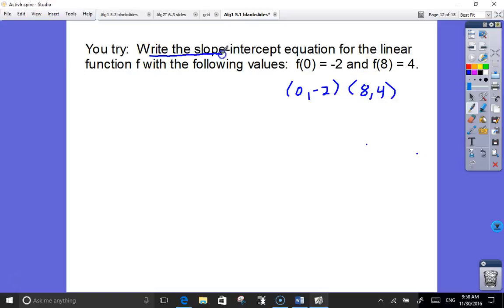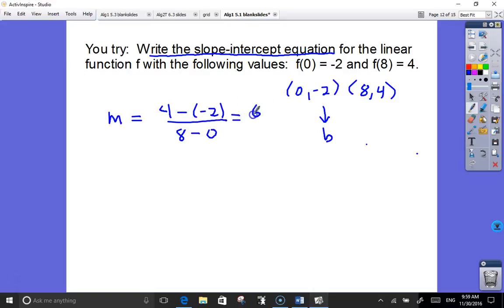We write the equation in slope-intercept form. What two things do we need? You need the slope and you need the y-intercept. Which one of those points is the y-intercept? -2 equals the b. Find the slope using these two points: 4 minus -2 divided by 8 minus 0.